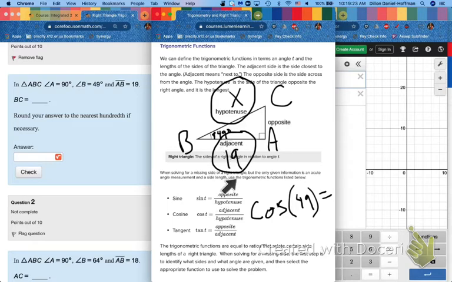Well, my adjacent's 19, and my hypotenuse is X. So 19 over X. Now, at this point, we have to algebraically solve for X. I can multiply by X and then divide by cosine of 49. But here's my shortcut. If X is on bottom, if it's being divided by like it is right now, that tells us we need to divide. If X is on top, then instead we need to multiply. And I say that, and you're like, well, multiply by what? Well, I'm about to show you.